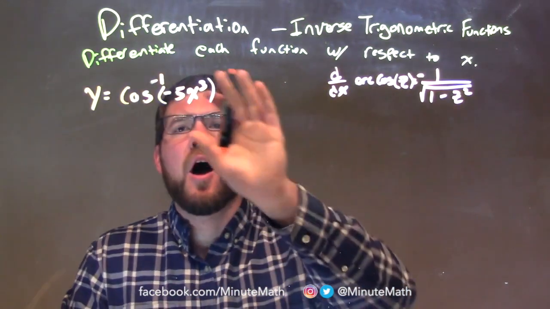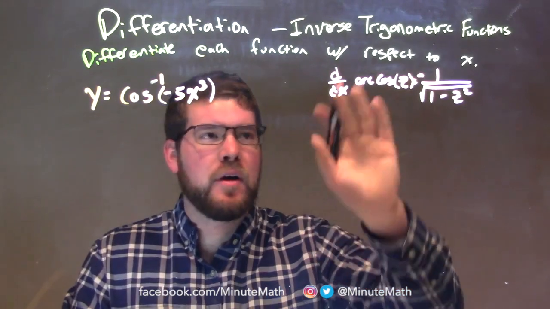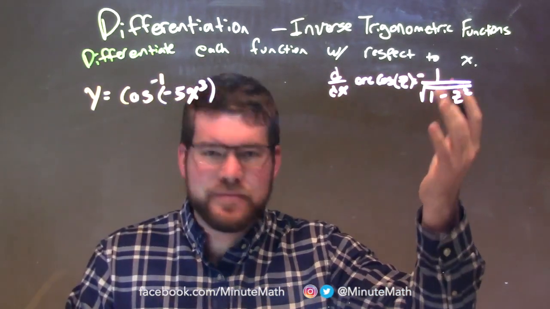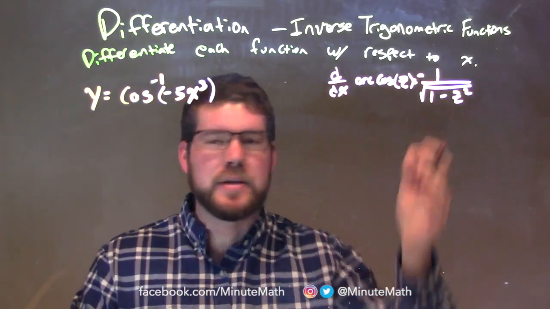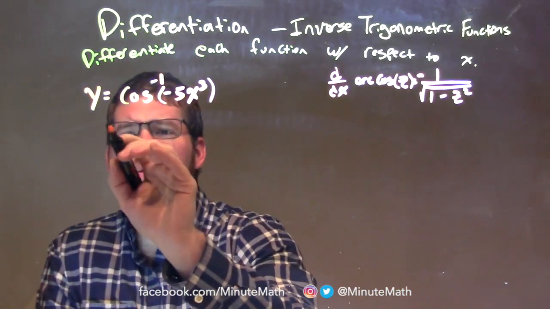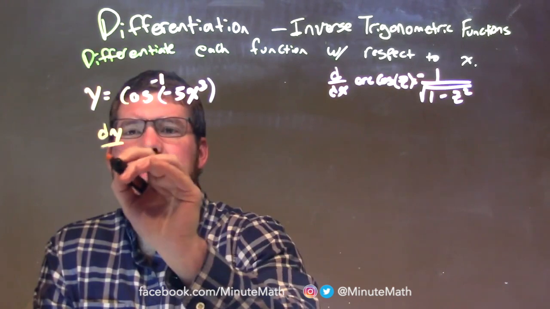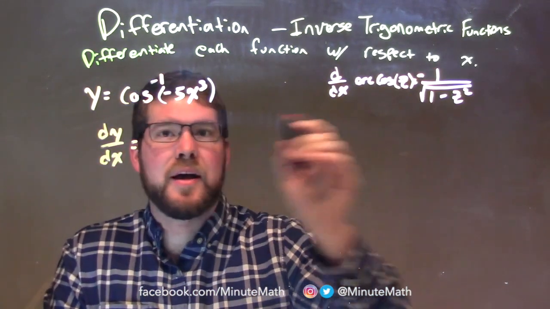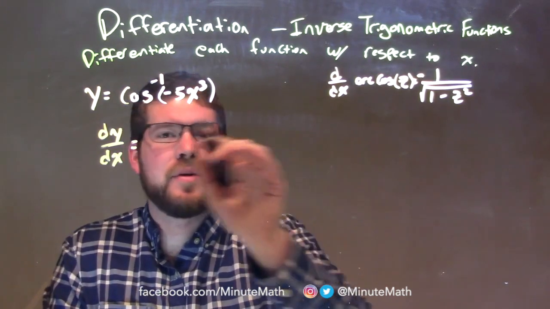Well, I know our definition of arc cosine, the derivative of that would be negative 1 over the square root of 1 minus z squared, where z is the variable. So when we take the derivative, dy/dx here, we plug in, instead of z, what's inside that parenthesis.